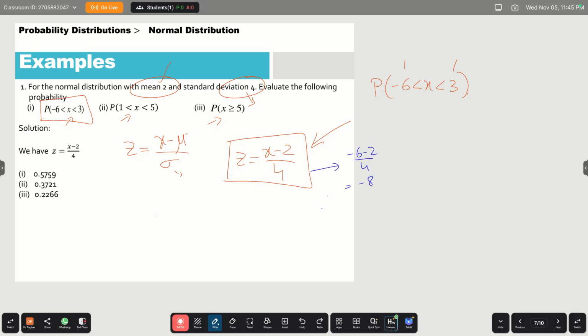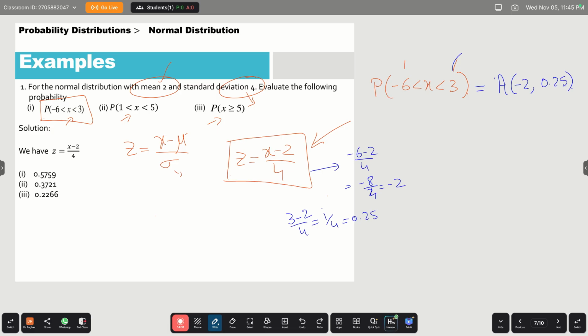So this is equivalent to the area from -2 to the upper limit. When I put 3, it will be (3 - 2)/4, which is 1/4, 0.25. So -2 to 0.25.